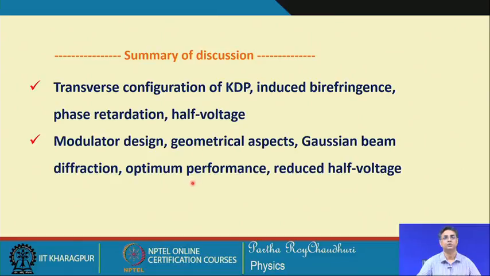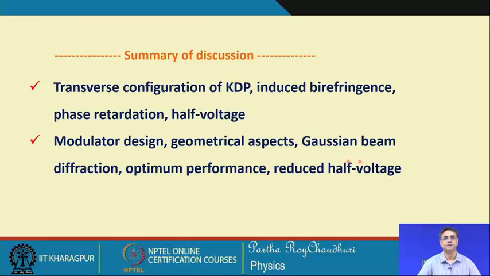Also, you do not allow any excess width, such that unnecessarily the voltage requirement becomes more in order to get the same electric field.